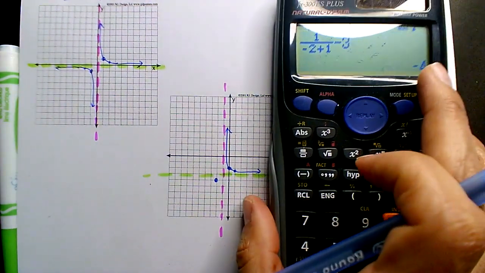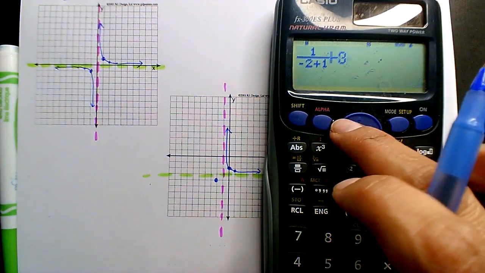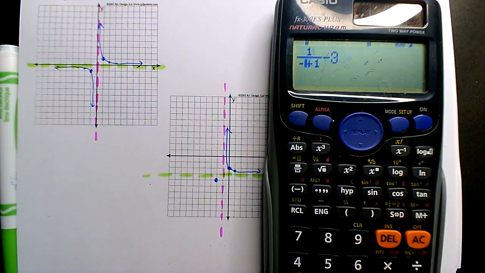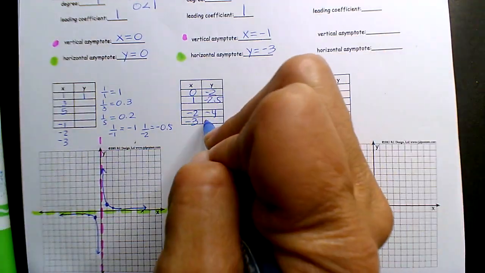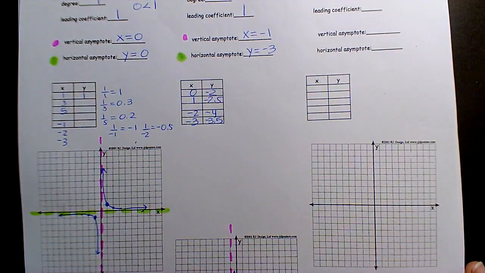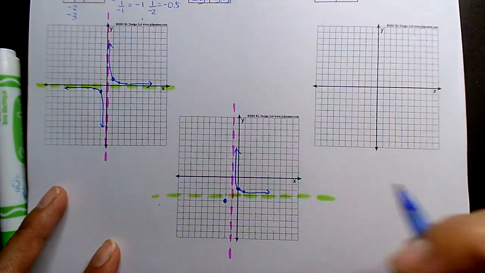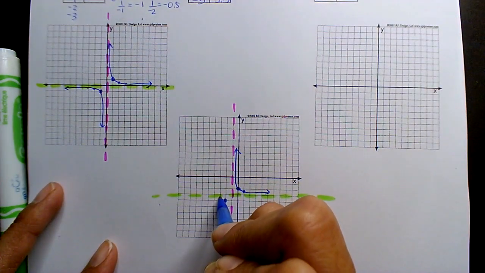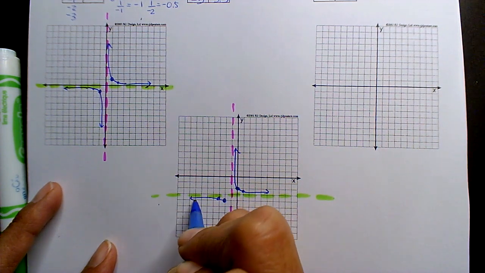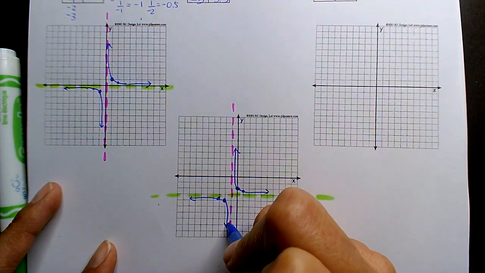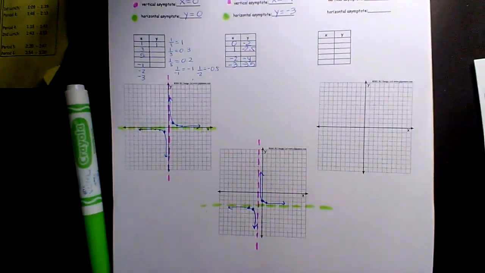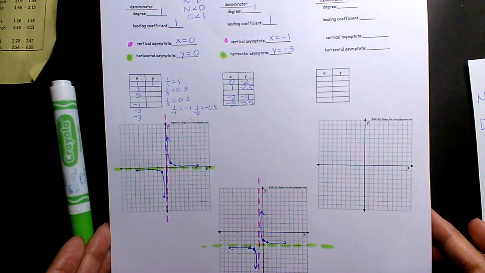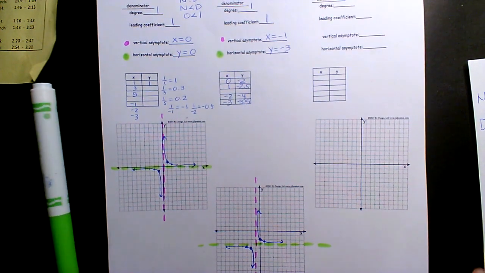And negative 3, I get negative 3.5. Okay, and there's your graph, it kind of fits.